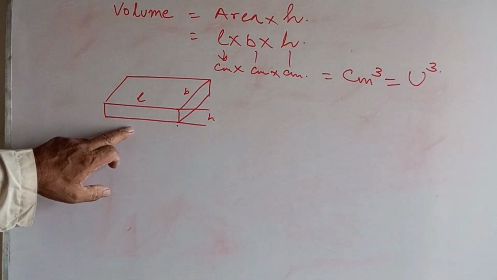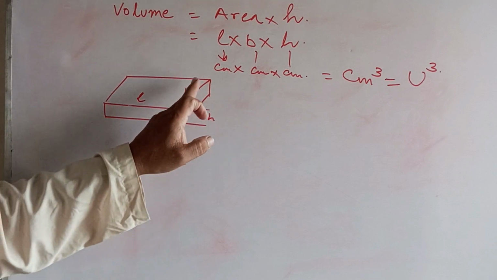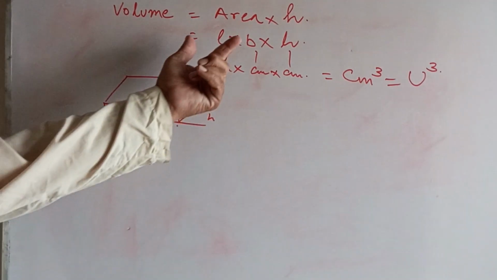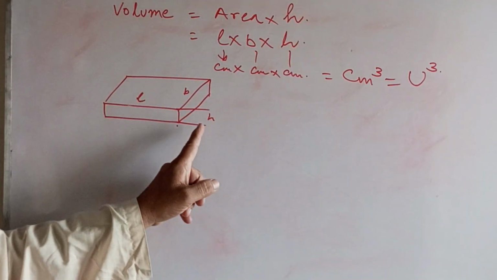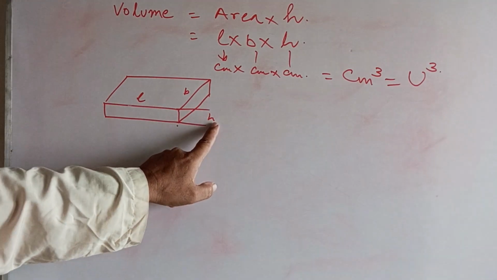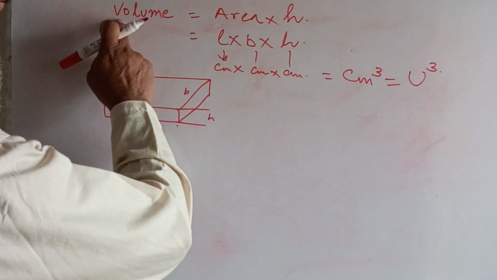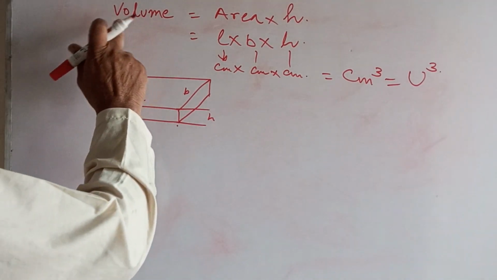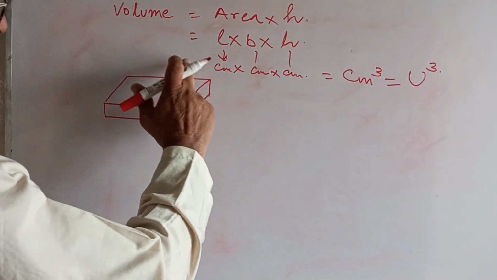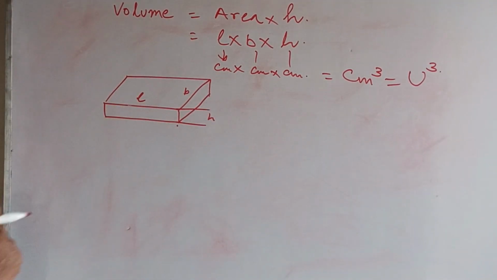So it will be length into breadth, which was the area, multiplied by height. The only thing which is new here is height. So it will become length into breadth into height. So it will become the volume of the cuboid.